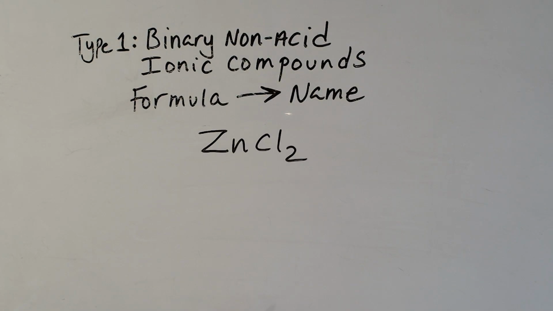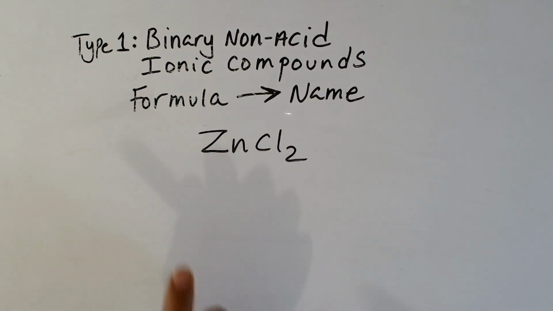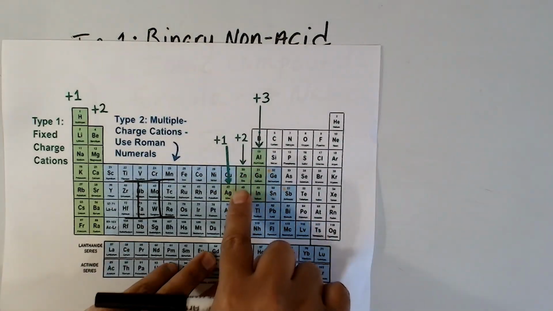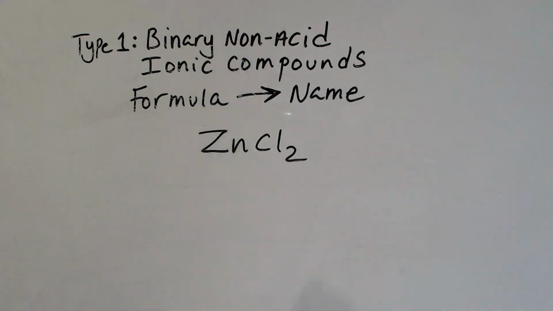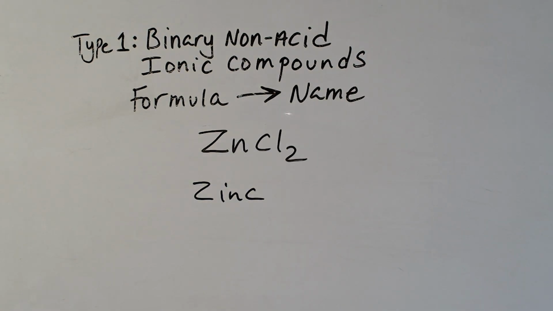Okay, so this is our new chemical formula. The first step, to name the first element or polyatomic ion. I'm looking at zinc, and I know zinc falls within the 6-pack. Is found right there. Next, name the second element or polyatomic ion.